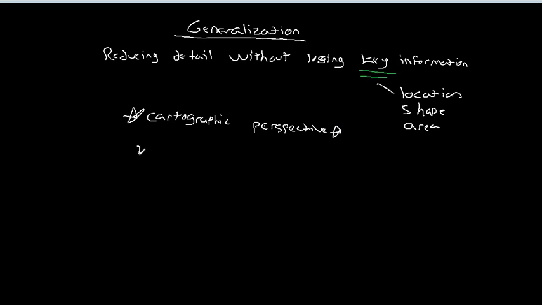When we go from a large scale, lots of detail, to a small scale, we're losing detail. This loss of detail has to be addressed by generalization. And the nice thing is that generalization gives us a thought process, a workflow, and a tool set to be able to make the most efficient use of this reduction in detail.